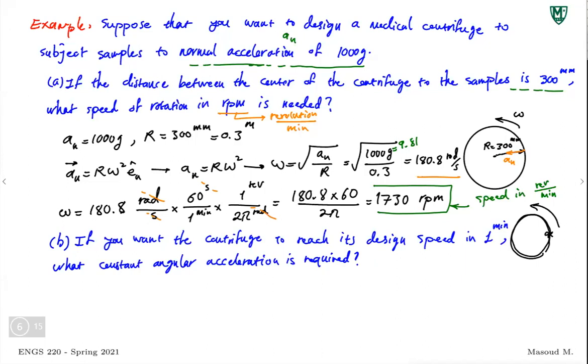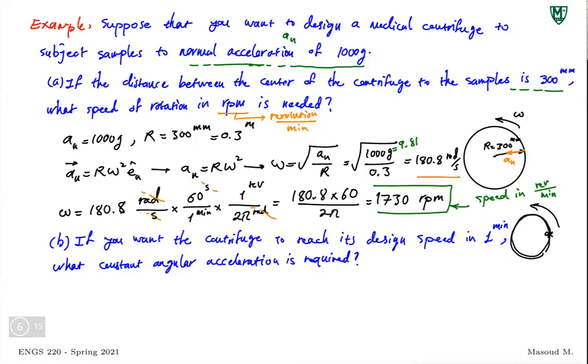For 1000 G, with this radius, you designed your centrifuge, and you say this is the speed of rotation, 180.8 radian per second, or 1730 RPM, revolution per minute. Now the question is how much angular acceleration you need to give this centrifuge to go from zero when you turn it on.